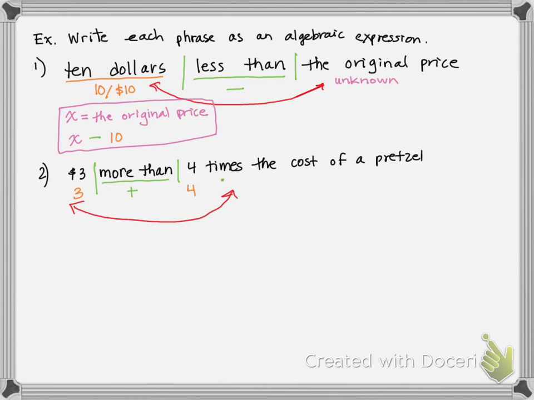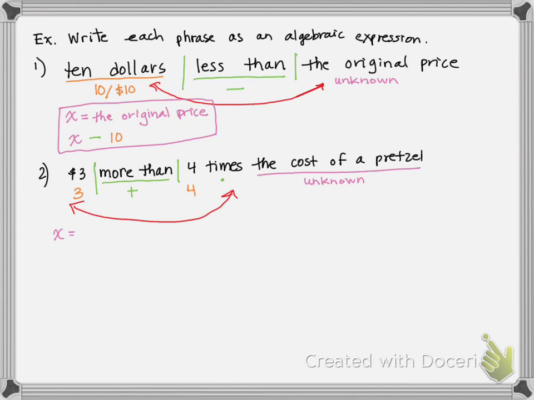Now, the weird thing is that last phrase, the cost of a pretzel. I don't know what to say, so that is the unknown. So I'm going to pick a variable, and I just got to tell you, my 8th grade algebra teacher always used x, so I just got trained with that.